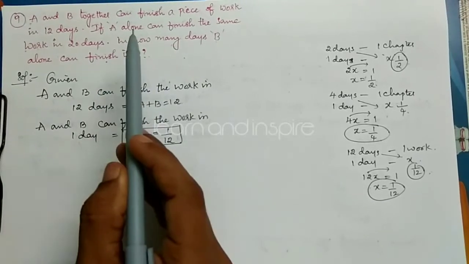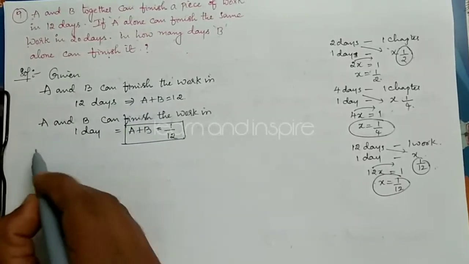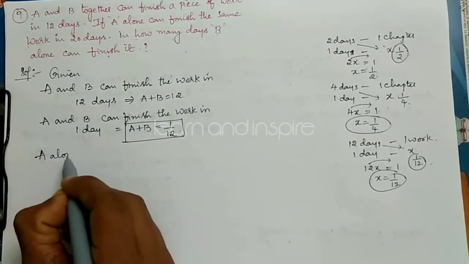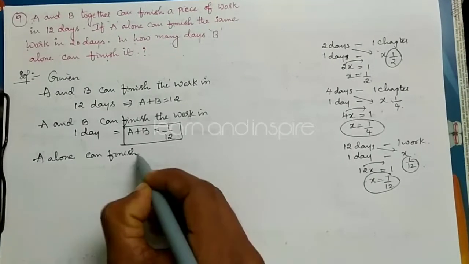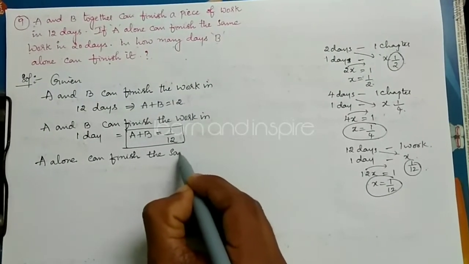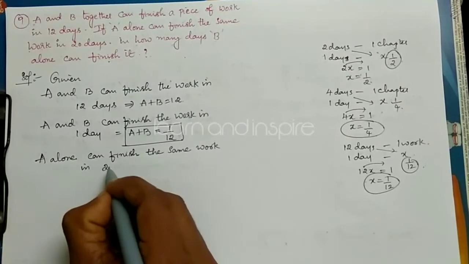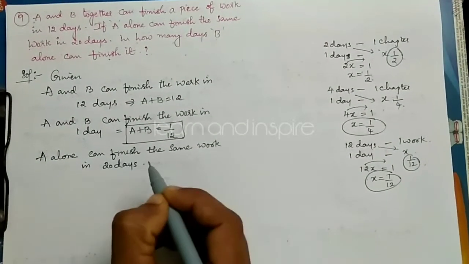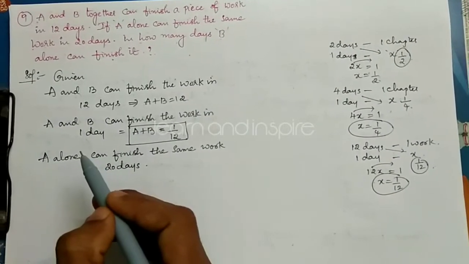Okay, so if A alone can finish the work in 20 days, I write this statement: A alone can finish the same work in 20 days. Okay, so now how much work can he complete in one day?